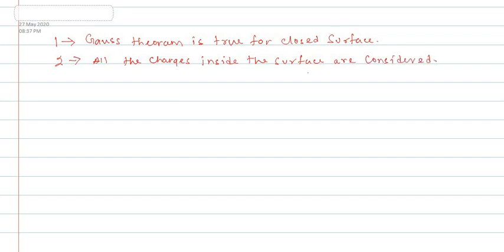That means we cannot leave out a single charge. All the charges should be considered here. Now these are the two important conditions for which Gauss law is valid.